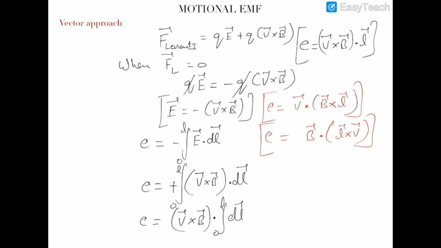So this is the vector form of motional EMF, and these three relationships are always valid.